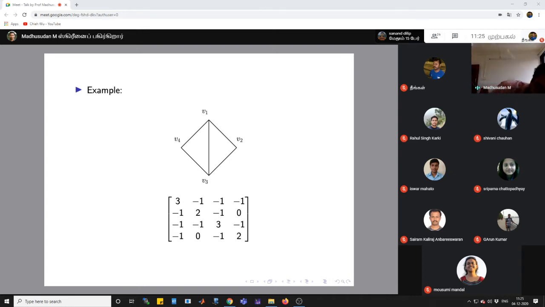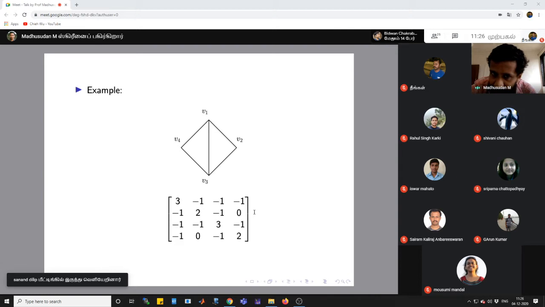The first row is 3, -1, -1, -1 because V1 has valency 3 and it has exactly one edge to each of the vertices V2, V3, V4. And what about the second row? The second row is -1, 2, -1, 0. This is the row corresponding to V2. Why is this? Because V2 has valence 2 and it has exactly one edge to V1 and V3, but it does not have any edge to V4.